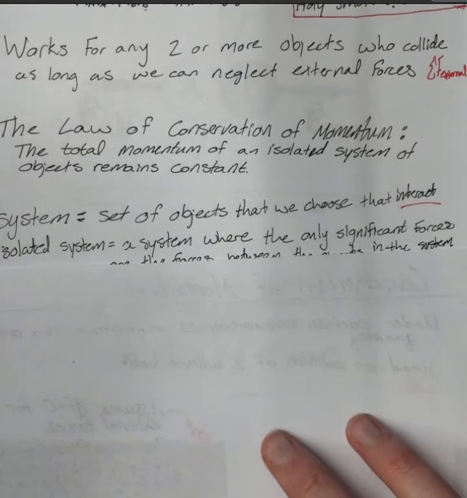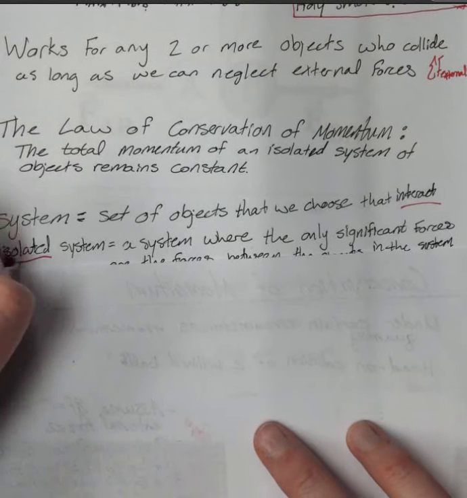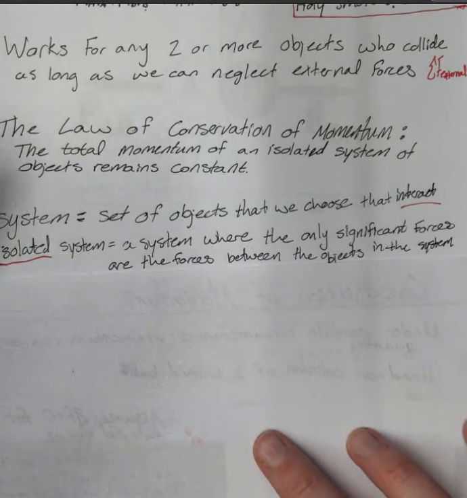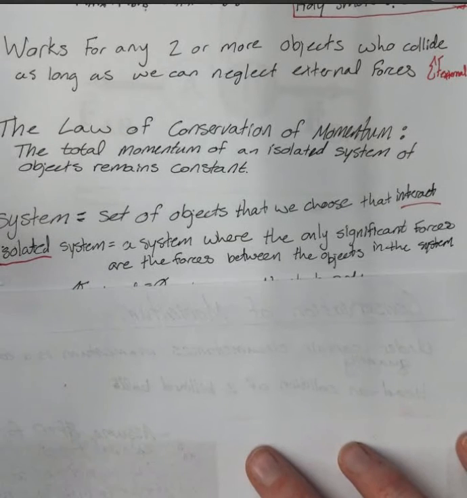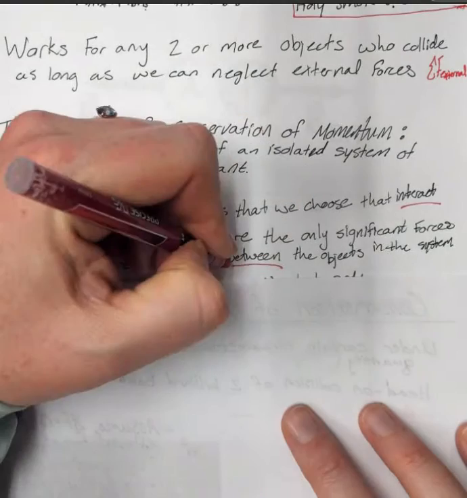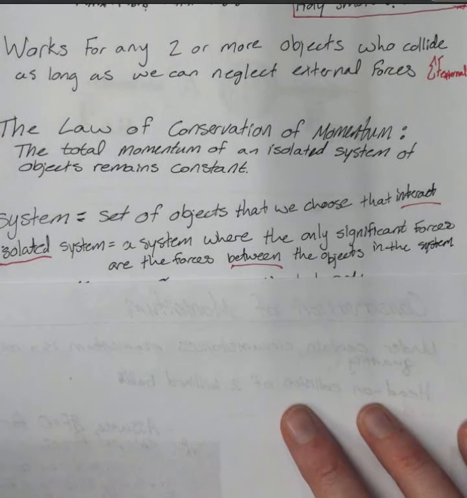An isolated system, we're adding in this word isolated, and what we mean is a system where the only significant forces are the forces between the objects, Newton's third law forces between those two objects or three objects in the system.